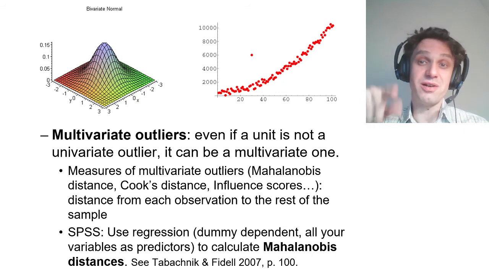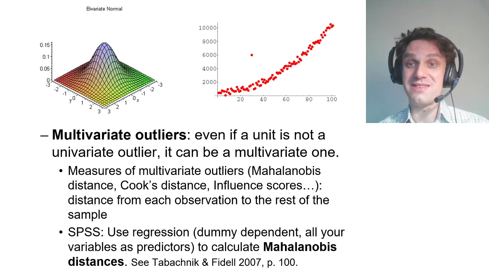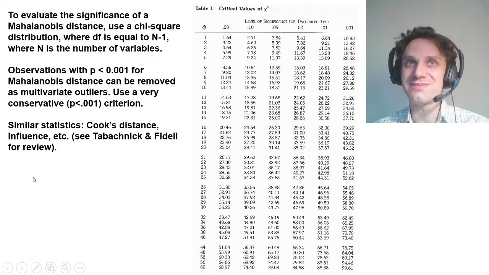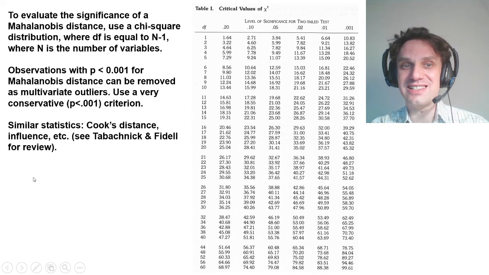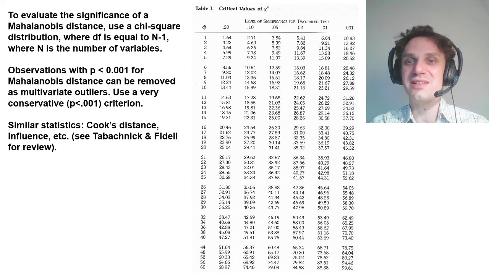And in options, you request Mahalanobis distance. And as a result, for every individual data point, you will see a value. If this value is very large, it suggests that this data point is very much away from all the other data points. And you can also evaluate this value statistically using a table of critical values of chi-square distribution.